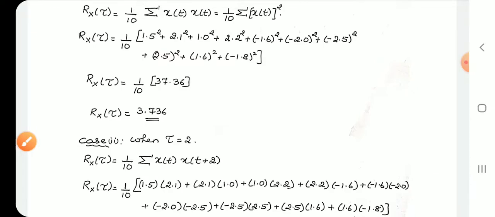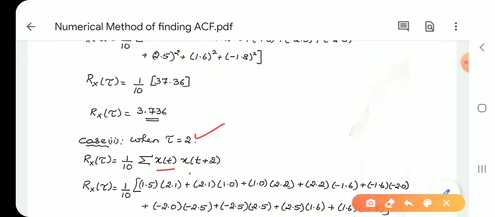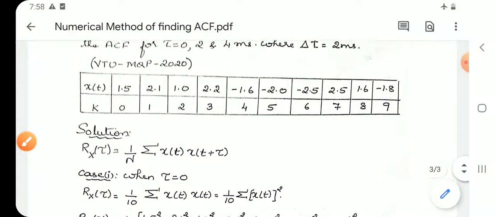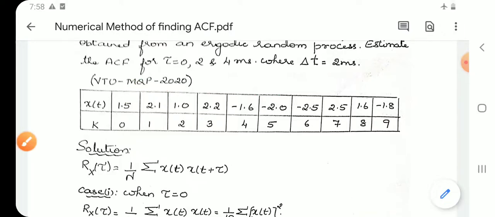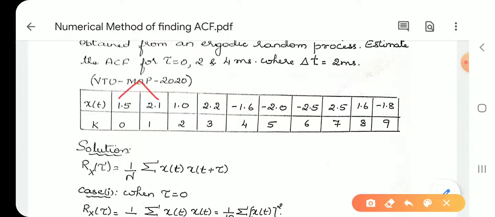Next, when tau is 2, that is x of t into x of t plus 2. If you take the first one, x of t plus 2 means at a time interval of 2, after 2 minutes, this is the next value. So like this we have to take 1.5 into 2.1, 2.1 into 1, 1 into 2.2, 2.2 into minus 1.6, minus 1.6 into 2.0.